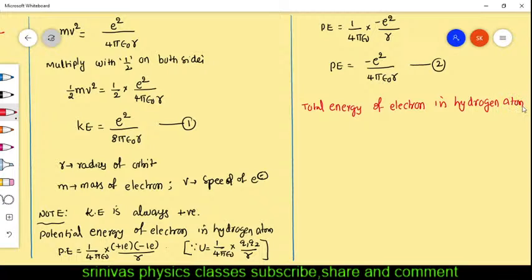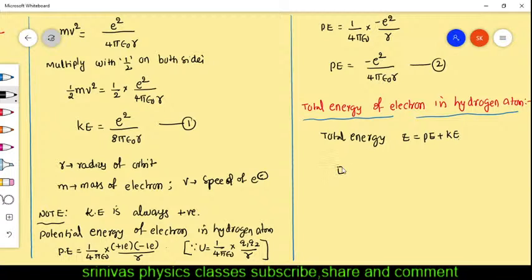What is the total energy of the electron? It is very simple, you listen. Total energy means we just have to add the two energies. The total energy is the sum of potential energy and kinetic energy. We write E is equal to potential energy plus kinetic energy.